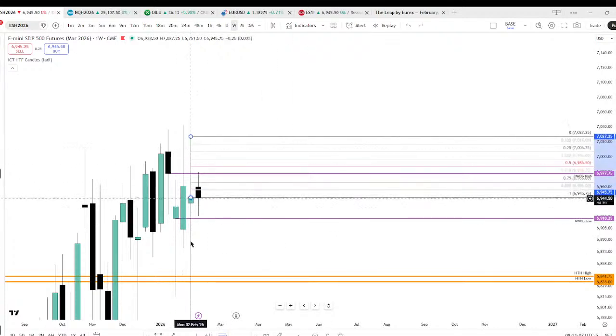We're going to look at these wicks. We're just measuring out 50%.